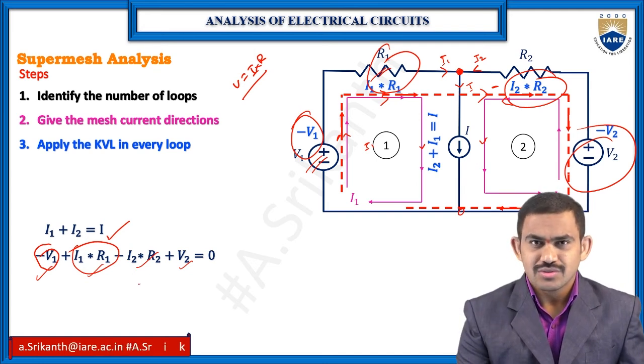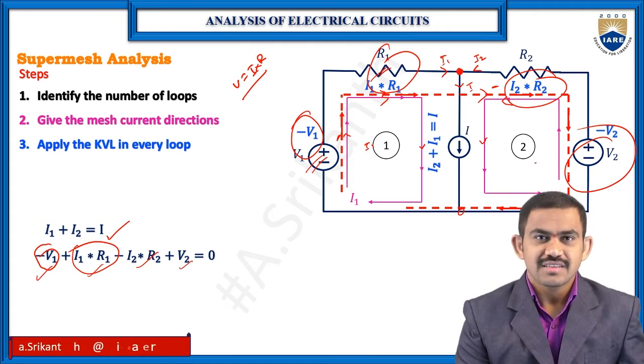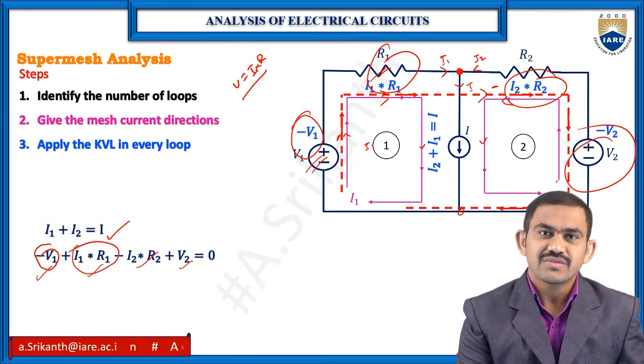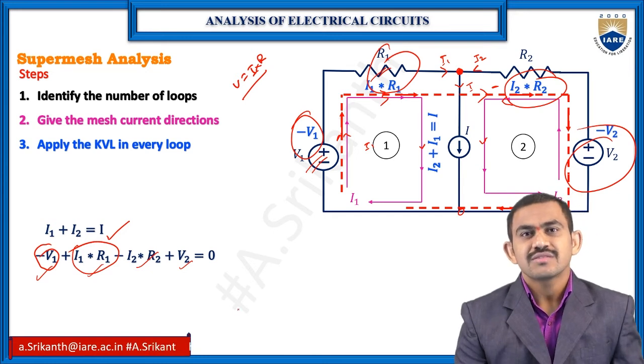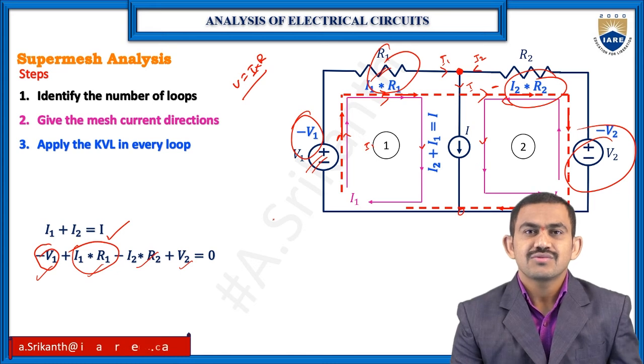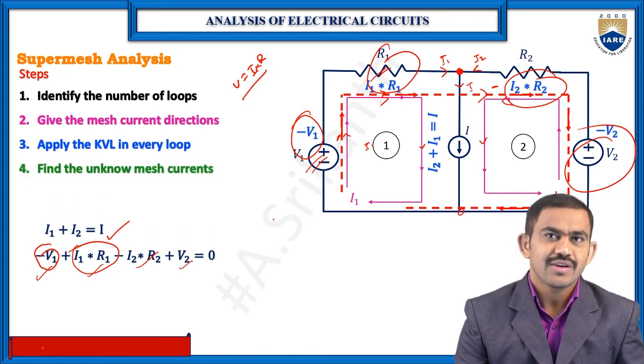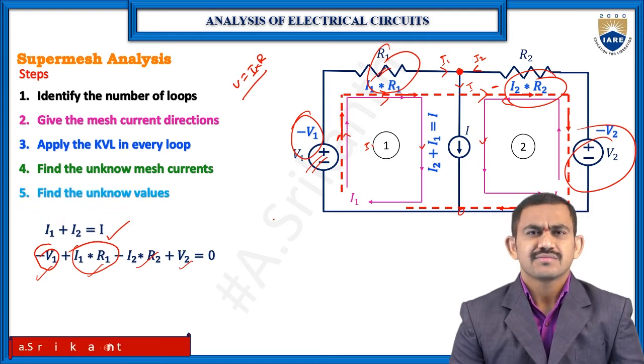And coming to the source voltage, here the current is also reverse. Reverse means minus V2 is replaced with plus V2, equal to 0. Here we have two equations, so we get two unknown values. Find those mesh currents, that means I1 and I2 values, and then find the unknown values.